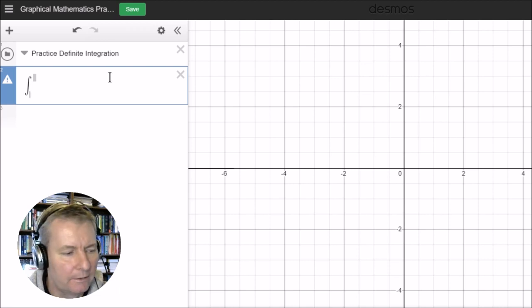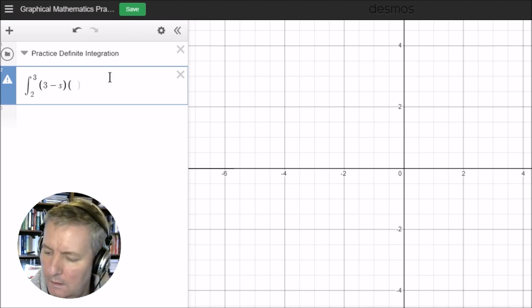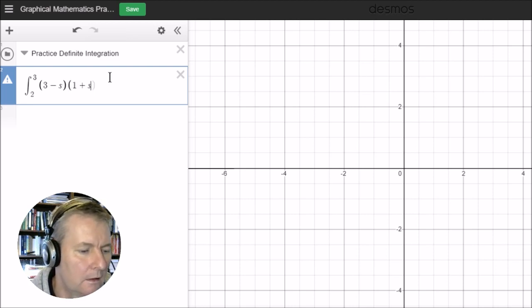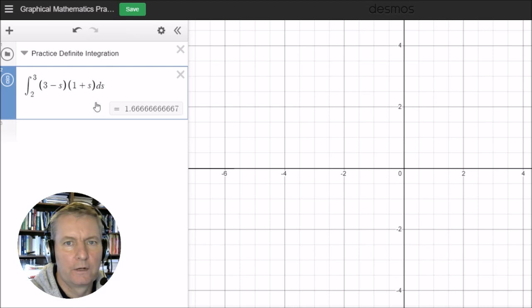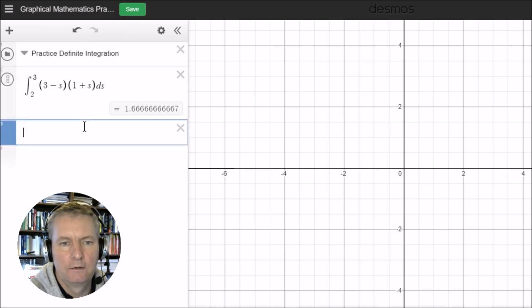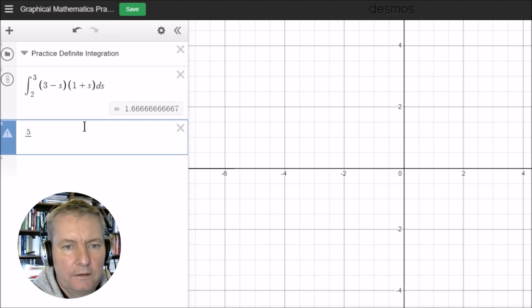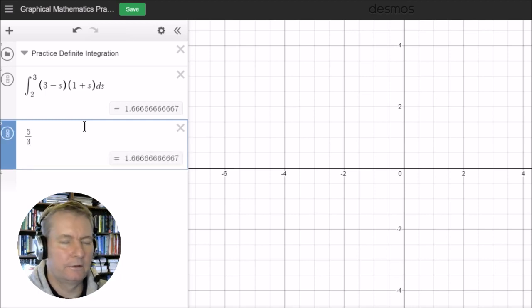So in this instance here we had the limits of 2, and the other limit was a value of 3, and the function was 3 minus s times the other part of the function, 1 plus s, and don't forget to put in the ds, and there you go, it gives you our answer straight off, 1.666, so that is the same as 5 divided by 3. So you can see it's quite easy to put the values in, and you can work out whether your definite integration is done correctly or not.